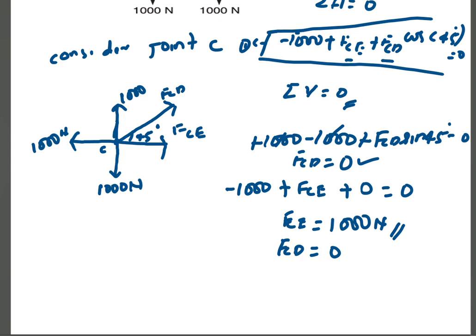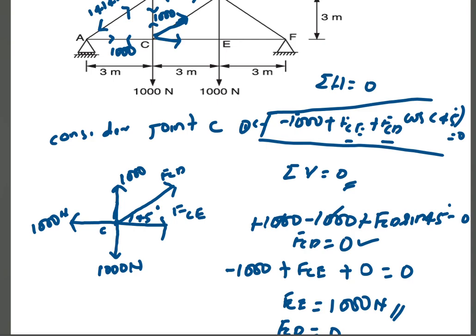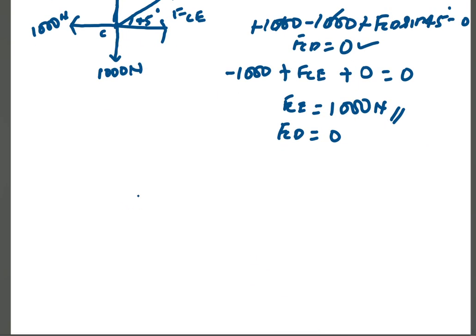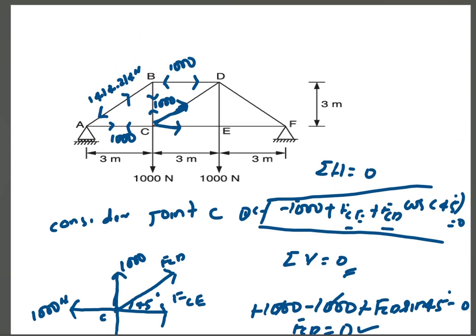FCE is 1000 Newton because this is positive. The assumed direction is right and the force present in the member is tension. FCE is tension force, so the arrow mark should be away from the joint. The force present in the member FCD is 0. Just write it as 0.